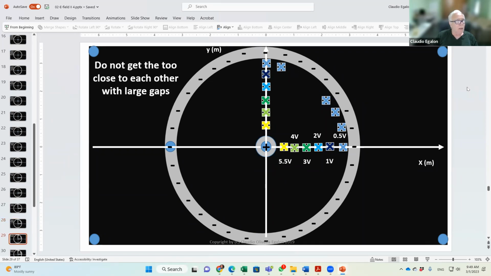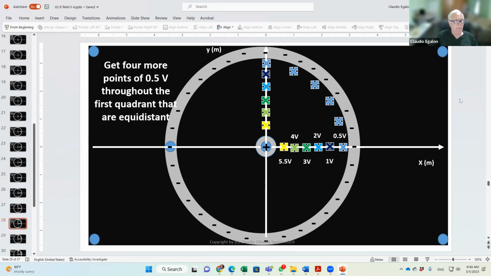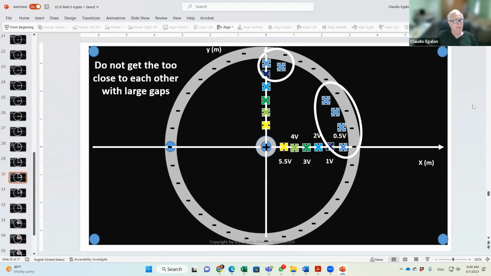Do not get something like that, a big gap. That's what I tell my students. 1, 2, 3, 4, 5, 6 points is a big gap here. I ask my students when they perform the experiment to strive to get points that are evenly spaced.